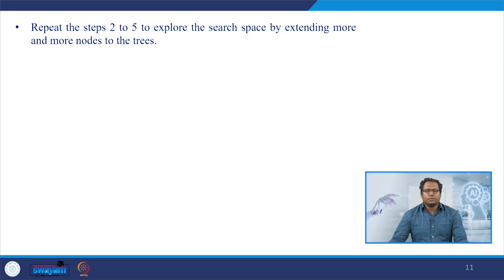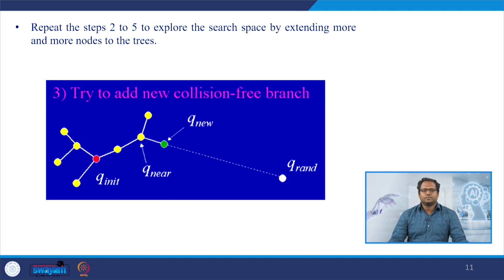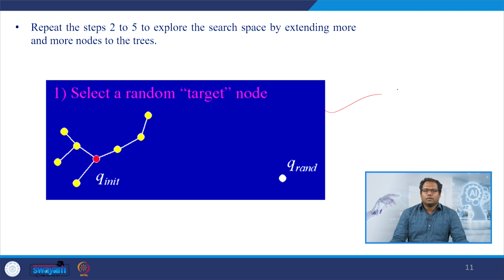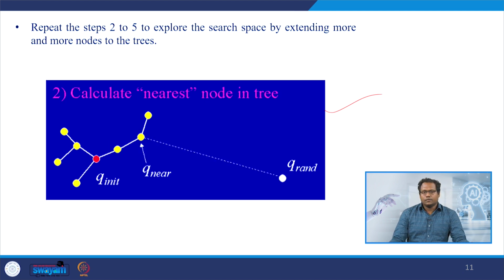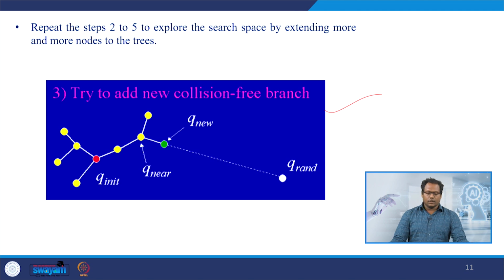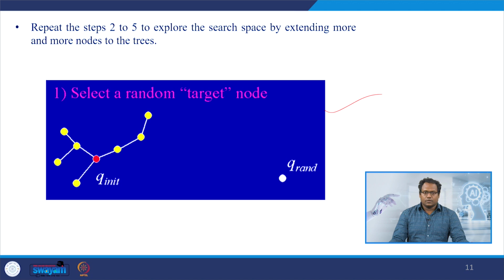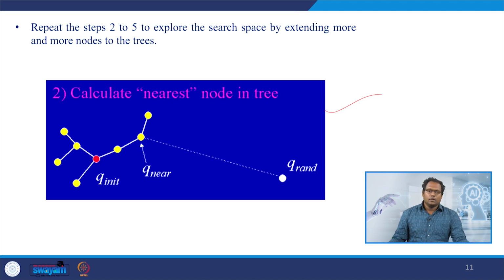Now, repeat steps 2, 3, 4, 5 to explore the search space by extending more and more nodes of the tree. So, this is the animated graph showing how the tree is incrementally built from the initial node.